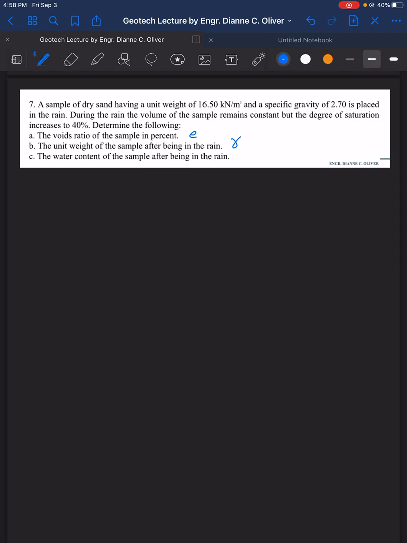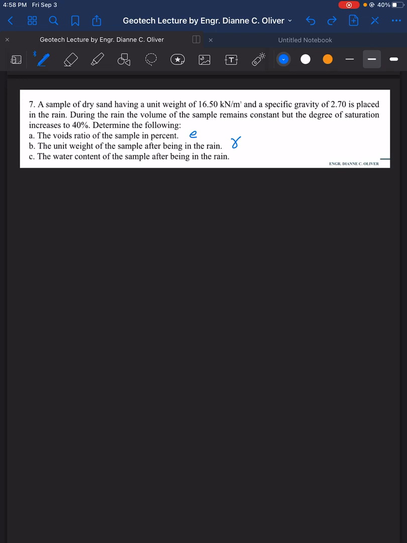Another one is, in the problem, it says there that during the rain, the volume of the sample remains constant, but the degree of saturation increases to 40%. It's not 100%. It says there the saturation increases to 40%.